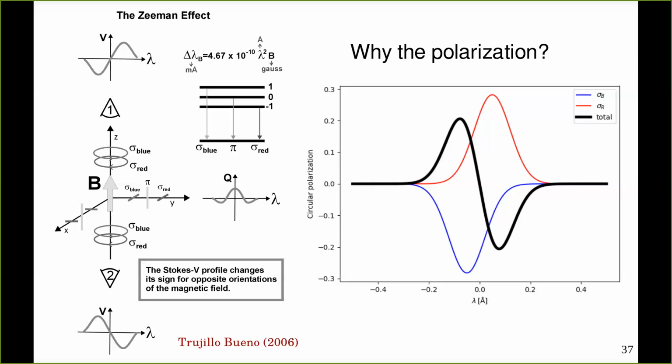In the absence of the magnetic field, their energies would be exactly the same and their polarizations would cancel. But now, since their energies are shifted, one subline is emitting toward the red, the other one is emitting toward the blue. Their polarization doesn't cancel and produces this asymmetric signal that we will use to measure the magnetic field.